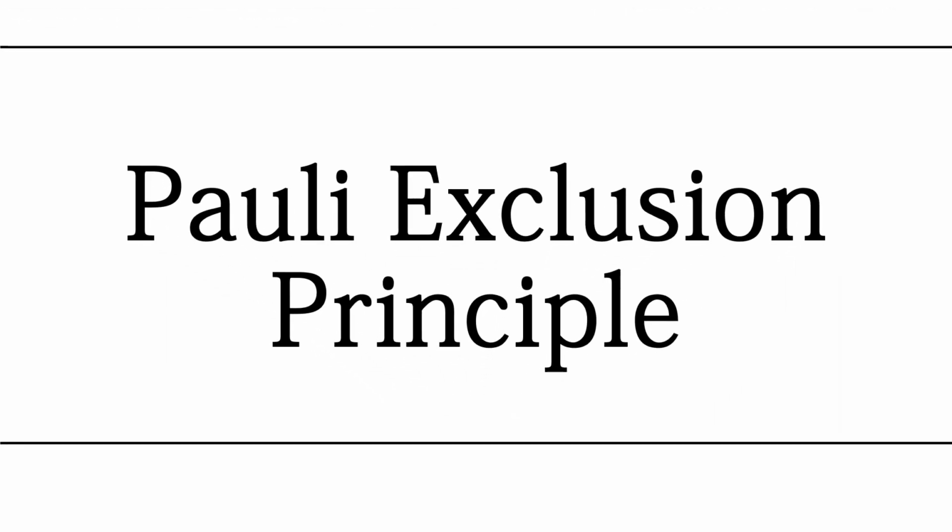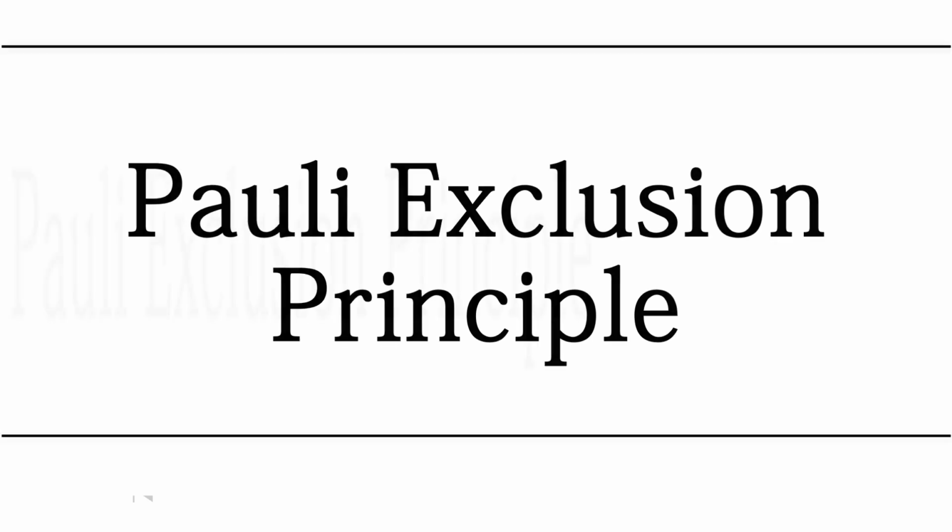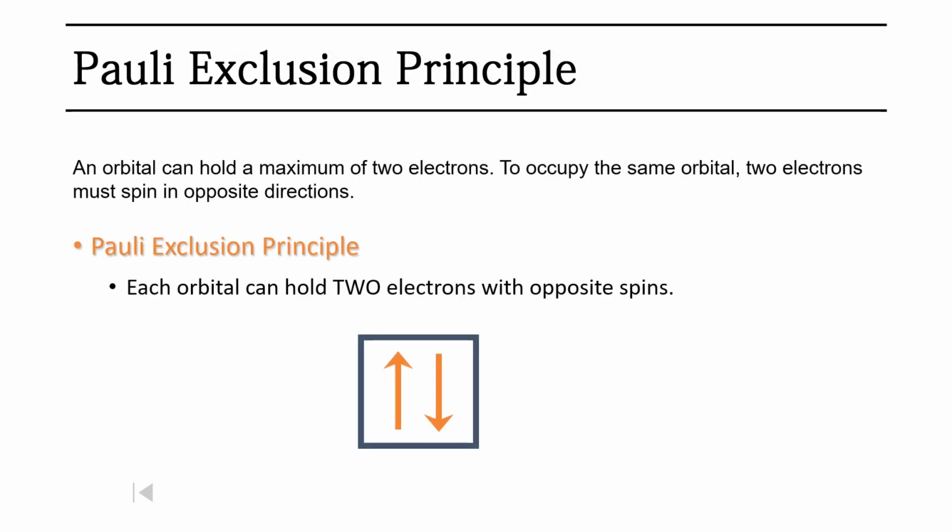The filling rule is the Pauli exclusion principle. In the quantum numbers, there are two spin quantum numbers in one magnetic energy level. Therefore, each orbital can hold two electrons with opposite spins.